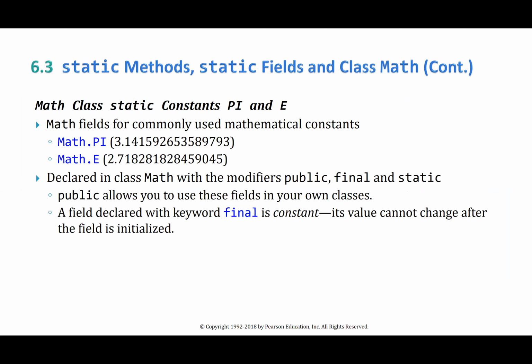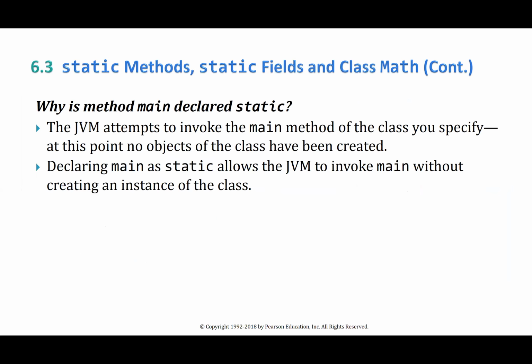There are also some Math constants, which are interesting: Math.PI and Math.E. Those constants are final. Final for a constant means it cannot be changed after it's initialized. We looked at that, I think, in Mod 1 a little bit, the concept of final.